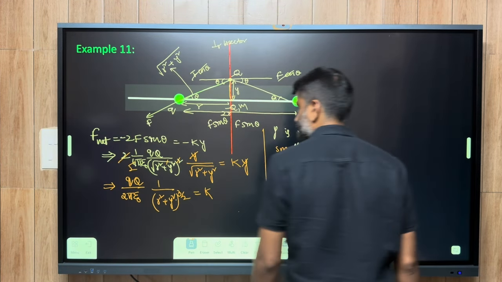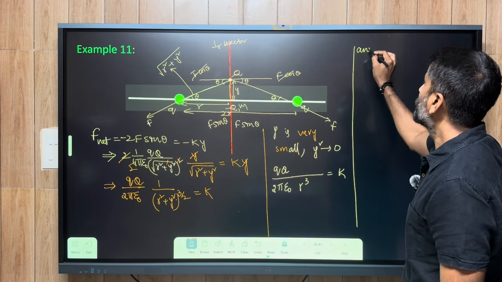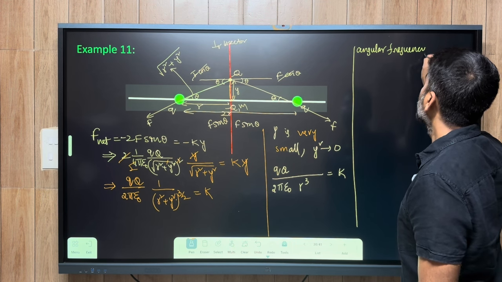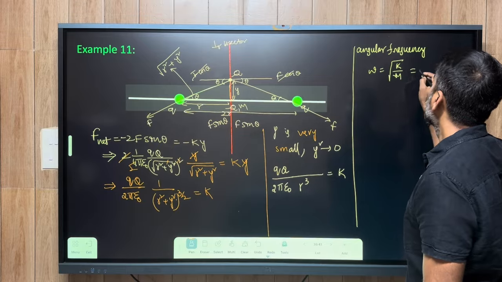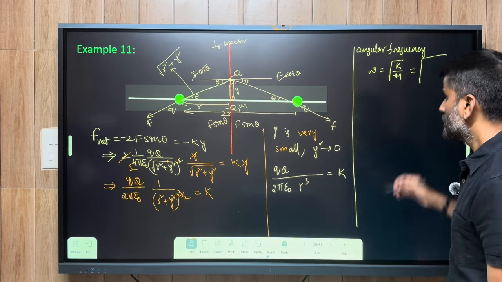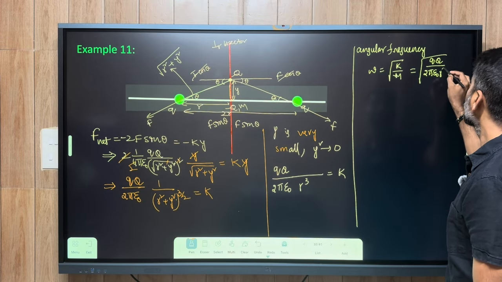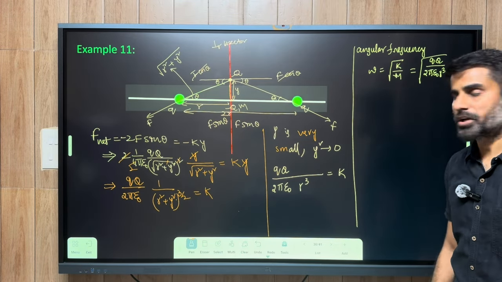Now angular frequency. Angular frequency omega is equal to root over k by m. Root k is how much? Q by 2 pi epsilon naught r cube, into divided by m, it can be taken to the denominator.